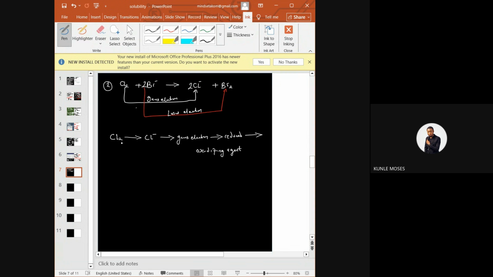And for the other one, which is Br minus, from Br minus to Br2, it loses electron. And because it lost electron, that means it's oxidation, because oxidation is loss, so it has been oxidized. And because it has been oxidized, that means it is a reducing agent.